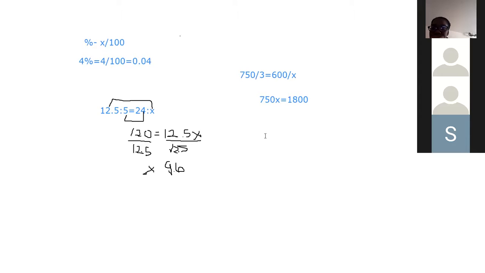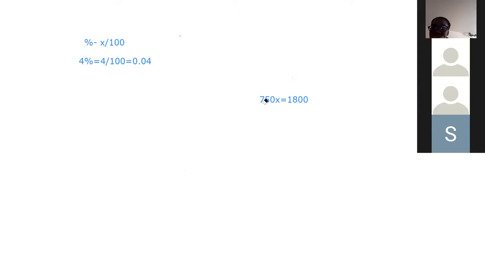Okay, last chapter, real quick here so we can get through. So we're going to talk about percents. And percents are nothing more than the number over 100. So 4% equals 4 over 100.